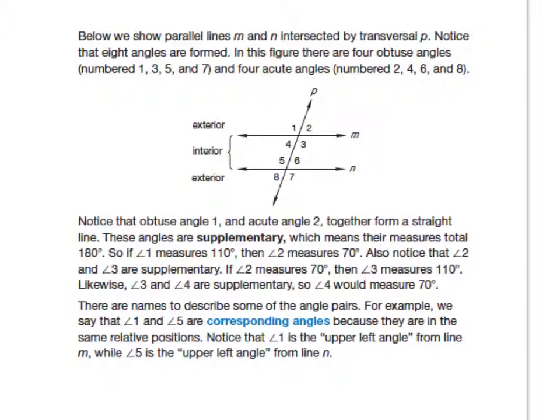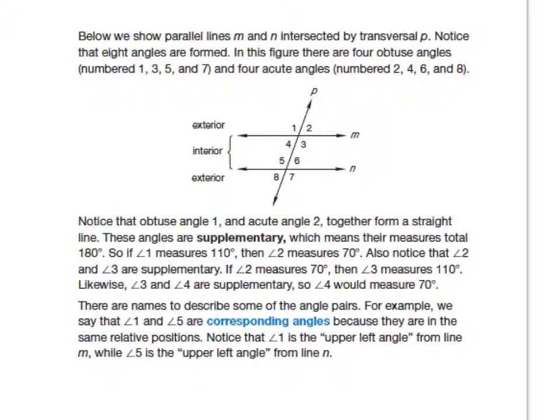Notice that it makes 8 angles altogether. And they're all numbered down there. In the figure, there are 4 obtuse angles. Hopefully you remember that obtuse is greater than 90 degrees, but less than 180. So our obtuse angles are all the odd numbered angles in this particular diagram. So in other words, number 1, number 3, number 5, and number 7 are our obtuse angles.